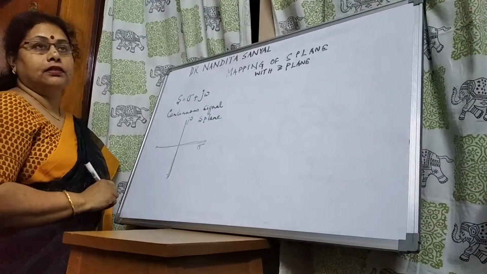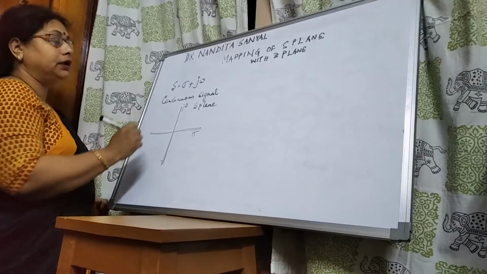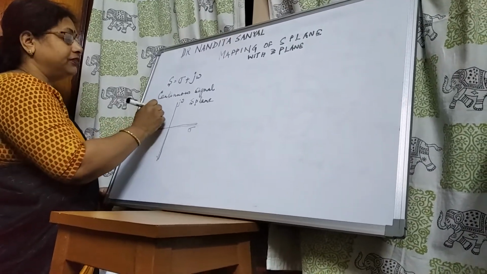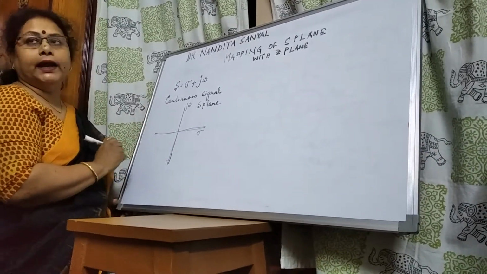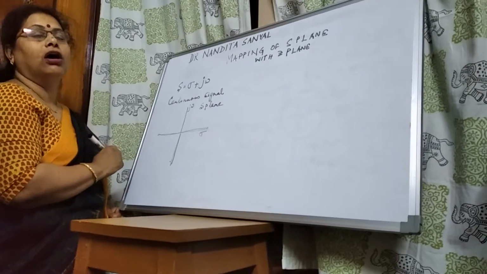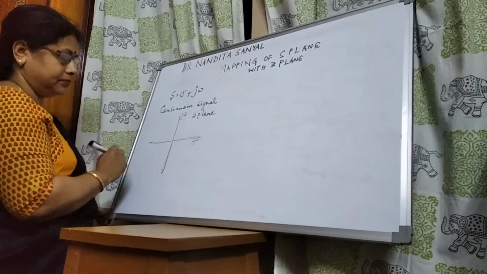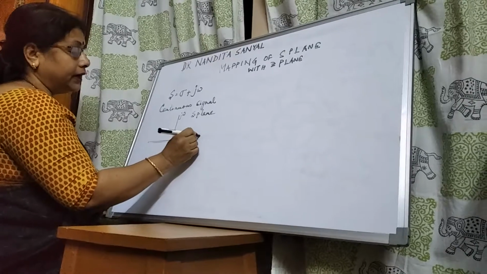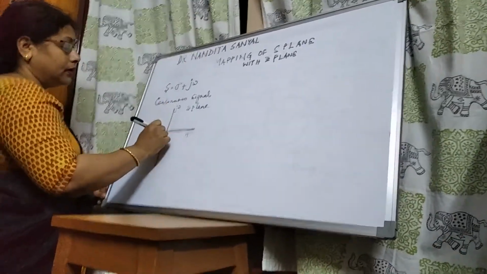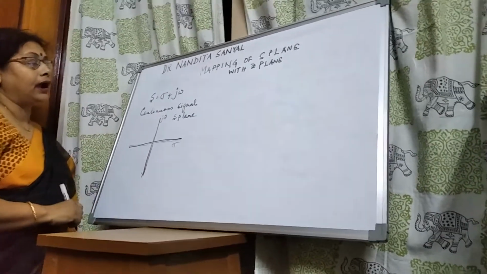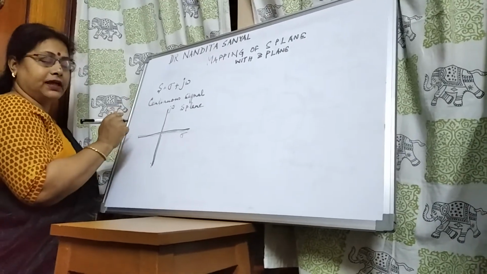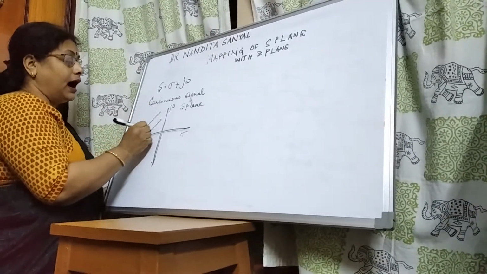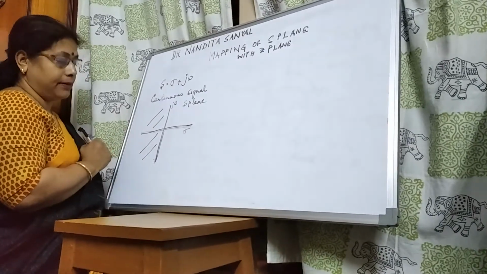It is very important to know the location of the poles and zeros in the S-plane to find out the stability of any system. According to control theory, if the poles are situated in the left half of the S-plane, the system is stable.